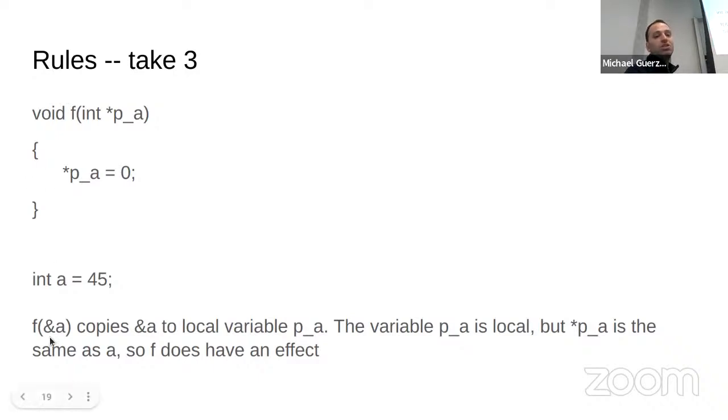So here, if you say f of a, instead of saying f of address of a, first of all, you're going to get either a warning or an error, depending on the type of a, because the type of this value has to match this type. So if you're sending it an integer, but it expects an int star, it's going to at least give you a warning saying, hey, I was expecting an address and you're giving me a plain integer.